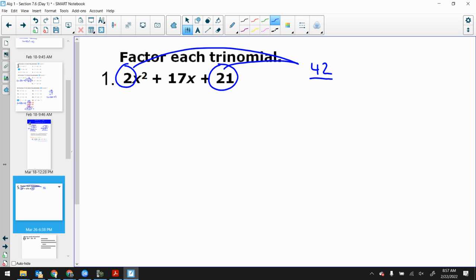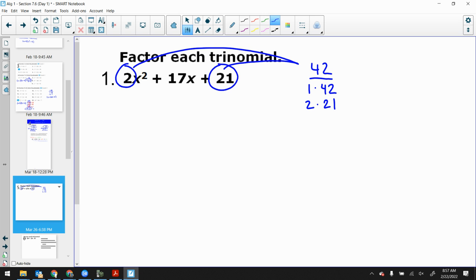Factors of 42 that add to get to our middle number of 17. I don't know the factors of 42 off the top of my head, so I'm going to list them all out. 1 times 42. Does that work? No, that would be 43 in the middle, and I don't have a 43 in the middle. I have 17. 2 times 21.